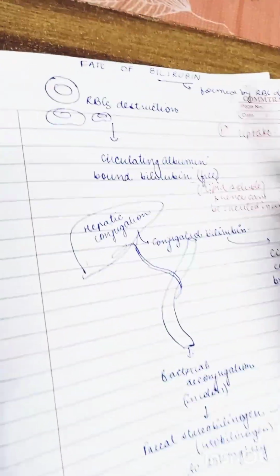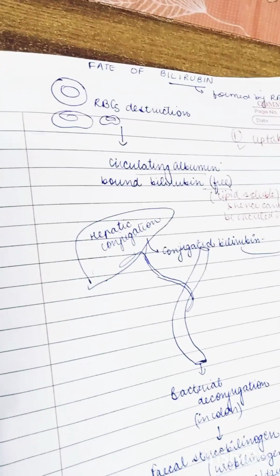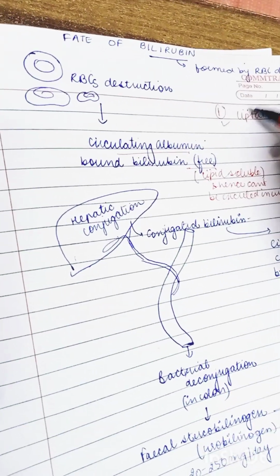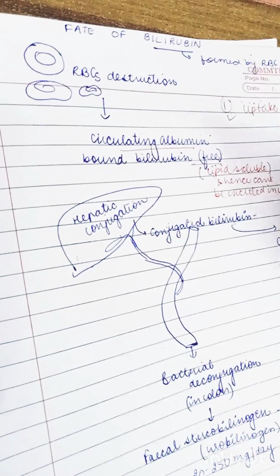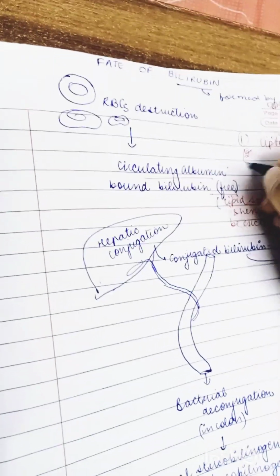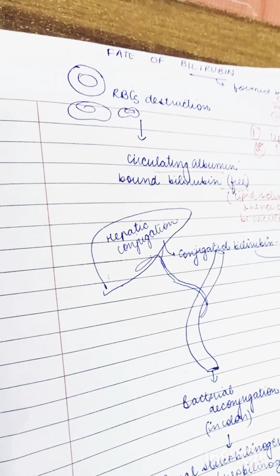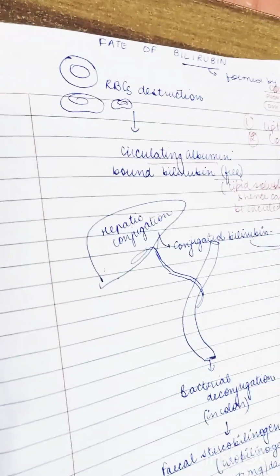So on reaching the liver, the first step is completed, that is, this free unconjugated bilirubin is bound to the plasma albumin. The second step is conjugation. Uptake by the liver has occurred.